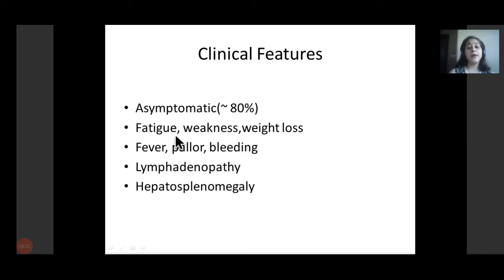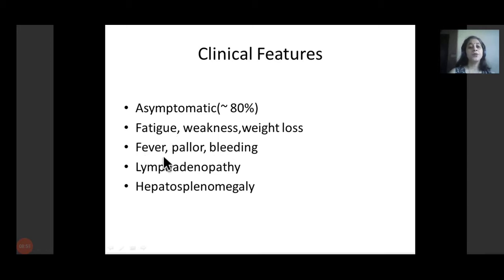What happens when the marrow is involved? There could be other manifestations like febrile conditions, pallor and bleeding, because the normal hematopoietic component will be replaced by the clonal population of lymphoid cells, resulting in neutropenia, anemia and thrombocytopenia.